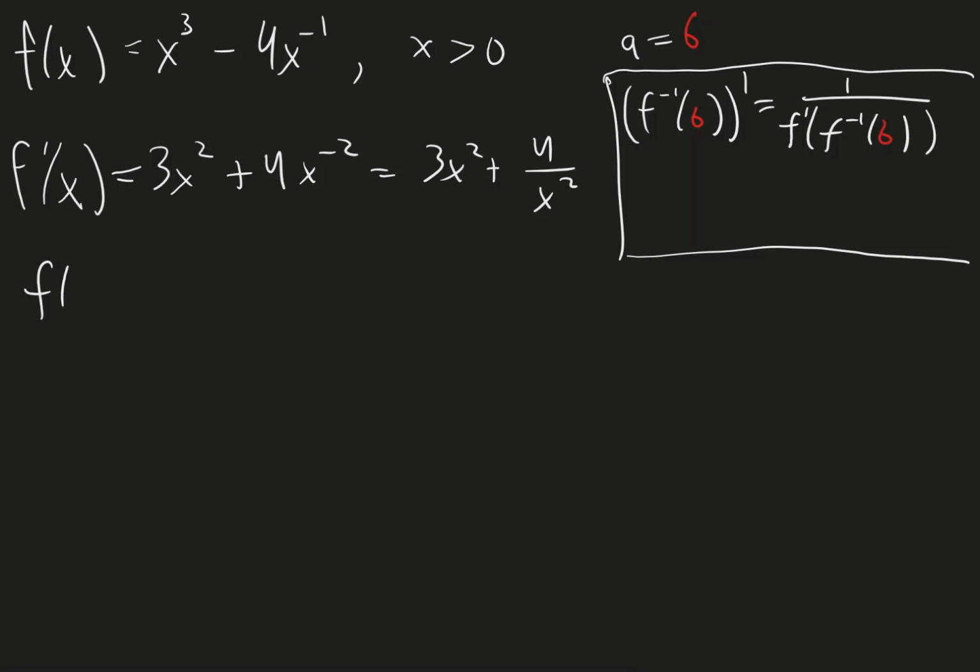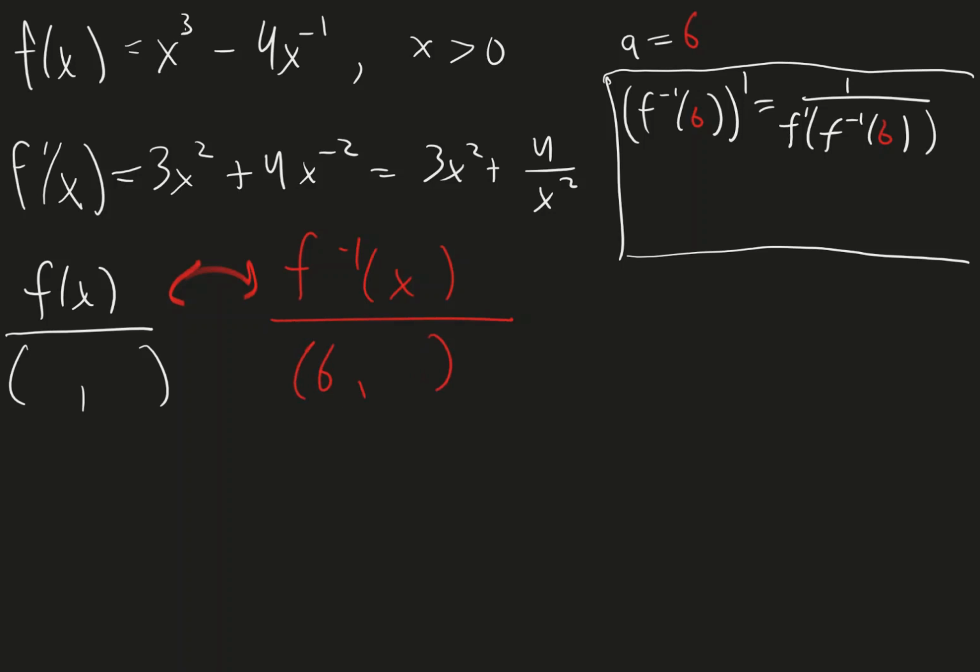So instead, I'm going to think about a point on the function, a point on the inverse, and the big connection between these two. I'm ultimately interested in when the inverse has an x value of 6, what is the y value? Because this is what I'm going to get to plug in right there.